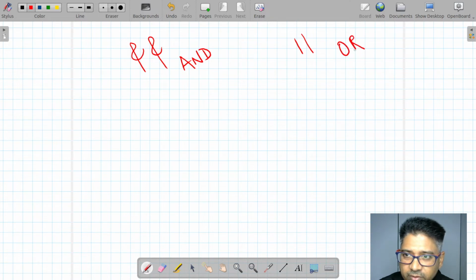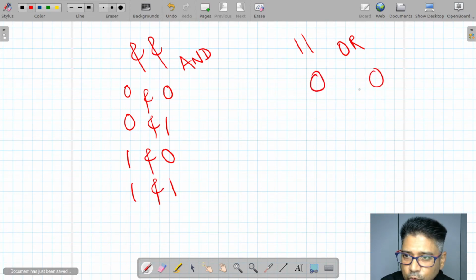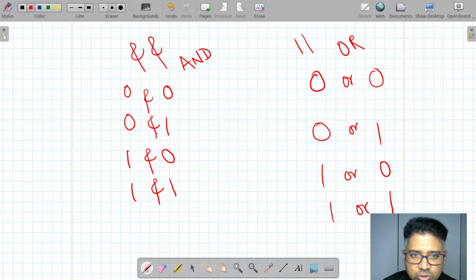So if you do AND, there are four combinations of bits: 0 0, 0 1, 1 0, 1 1. The same combinations go for OR logic.